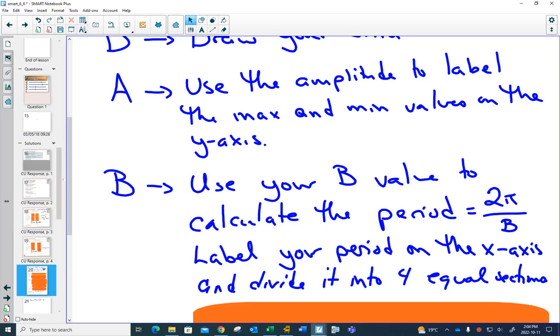Label your period on the x-axis, and we always divide it into 4 equal sections. Just like you had the 4 sections on your regular sine and cosine graph, now you have 4 sections on your new graph.